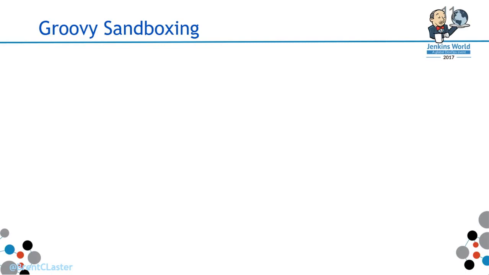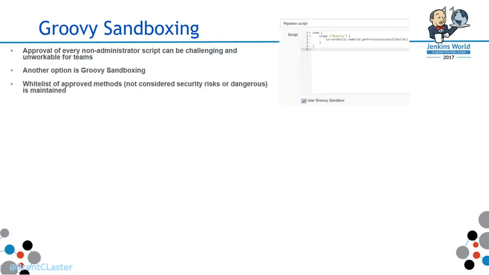Then the other kind of approval thing is Groovy sandboxing. The idea that an administrator has to approve every non-administrative script gets really painful and really hard to manage really quickly. So they implemented this idea of the Groovy sandbox. Essentially, the Groovy sandbox is just a whitelist of approved methods that are not considered security risks or dangerous.